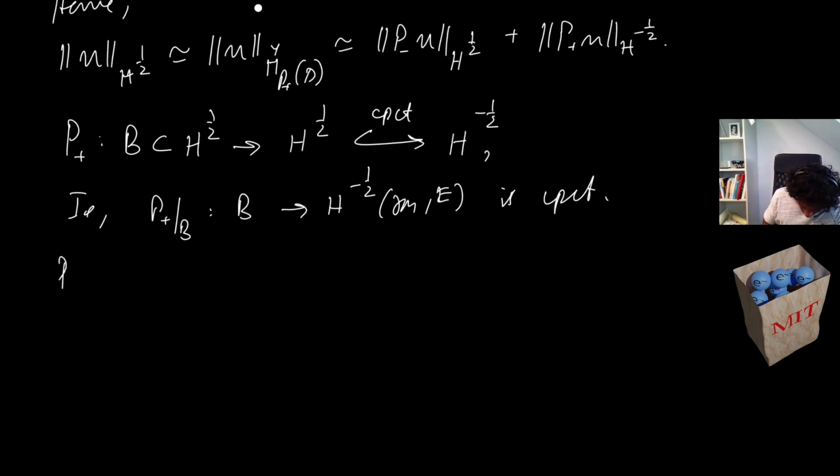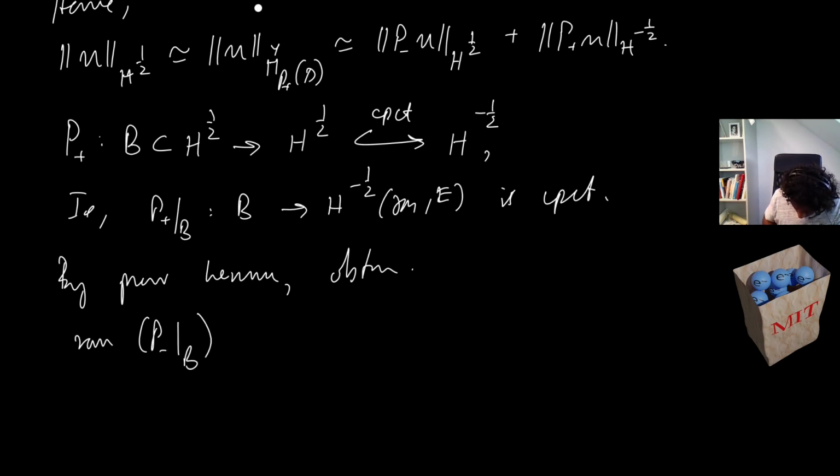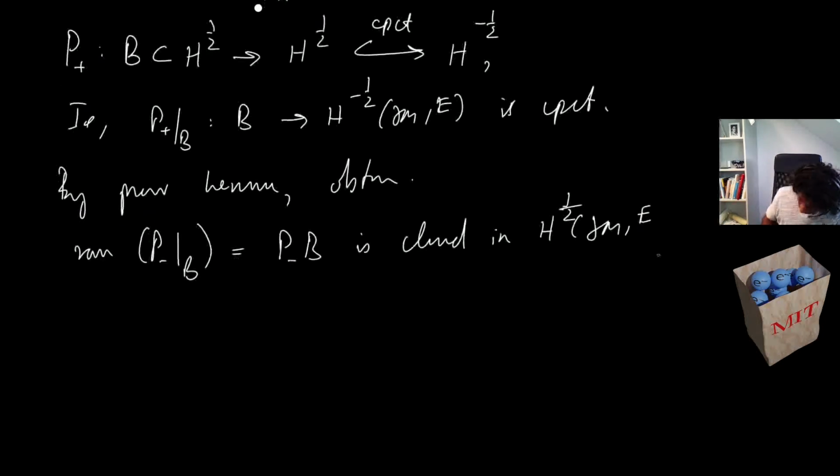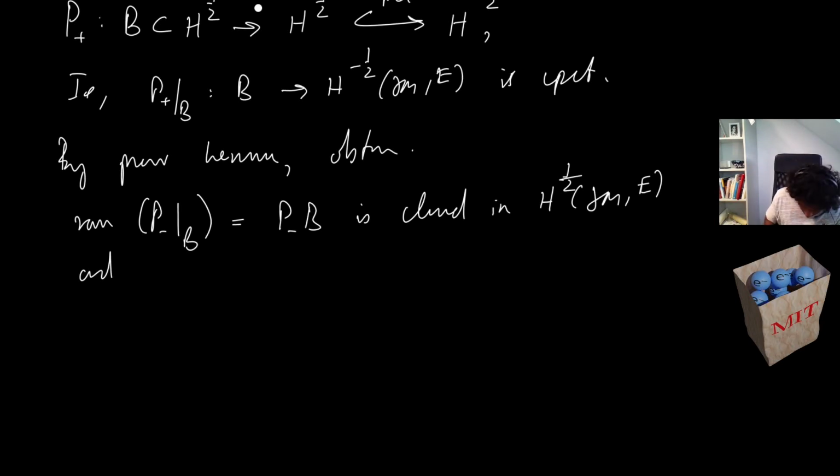So by the previous lemma, we obtain that the range of P minus restricted to B, which is exactly P minus B, is closed in H half, and that now the kernel of P minus restricted to B is what?